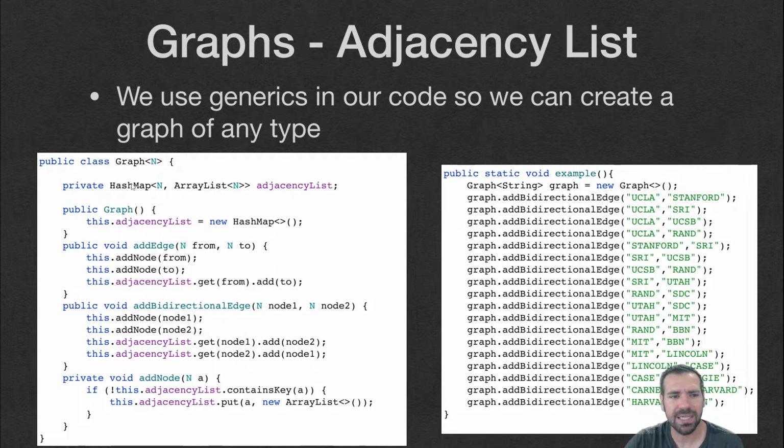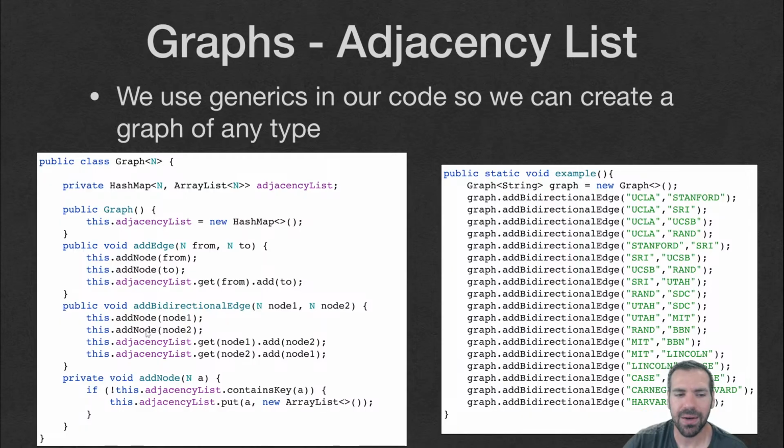So here's our adjacency list, a hash map of nodes using a type parameter to an array list of nodes. That's how we're representing all of the nodes and edges in this graph. When we create the graph, we're going to initialize that adjacency list. And then when we add a bidirectional edge, meaning we want to add an edge that's going in both directions between these two neighboring nodes, we're first going to lazily initialize the array list, the adjacency list for each node.